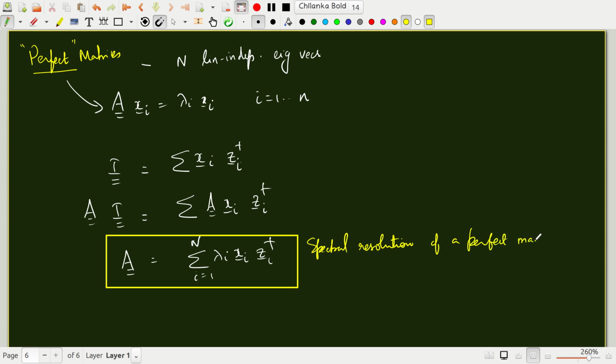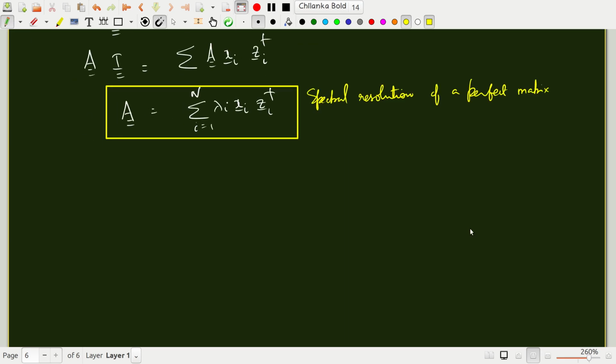A perfect matrix, as we just saw, is a matrix with n linearly independent eigenvectors. Now I'm going to take the adjoint of A, so A dagger. Remember that the adjoint matrix is the same as its Hermitian conjugate. So A dagger is sum over i of lambda_i star z_i x_i dagger.